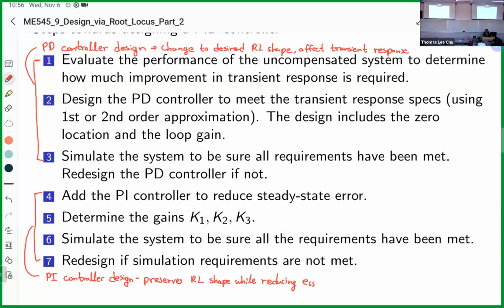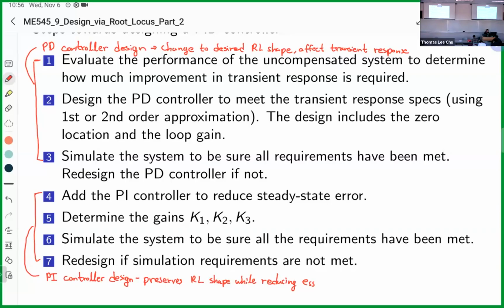Sure, you can do the PI controller design first to reduce steady state error, then use the PD controller to change the root locus shape, but it just adds more angles that you have to calculate when you're doing the angle criteria check. So change your root locus shape first and then add the PI controller at the end to retain the shape.